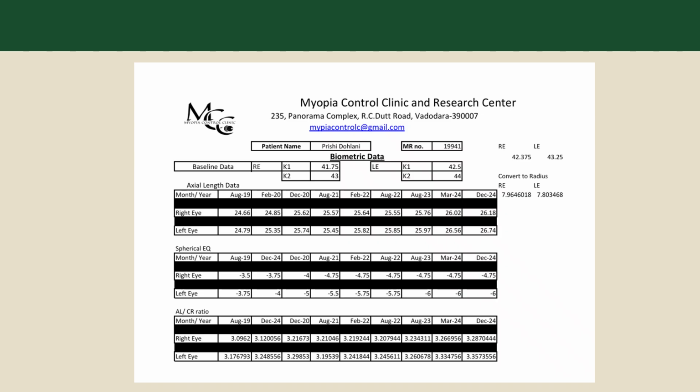At that point of time, I think this particular first data was taken with A scan, and gradually we moved on to optical biometer, and then you see it is increasing from 24.66. So the point is that if you are taking axial length in the beginning of your practice, that particular patient you can work up even for so many years. So it is very, very important to keep doing that.